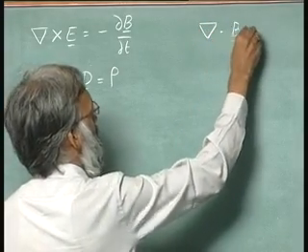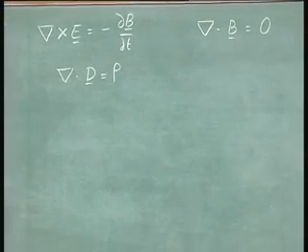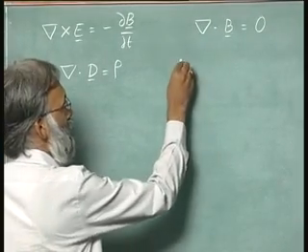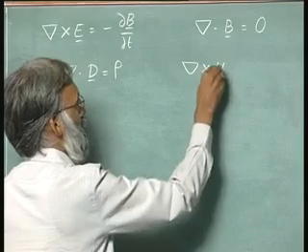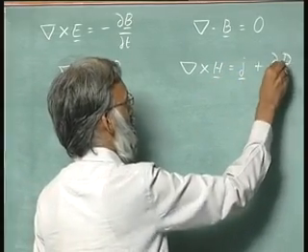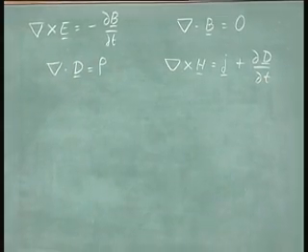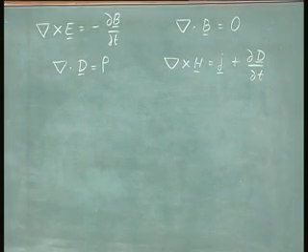Divergence of B is 0. There is no such thing as magnetic charge. Curl of H is equal to the free current plus del D del T. That is what we call Maxwell's equations.